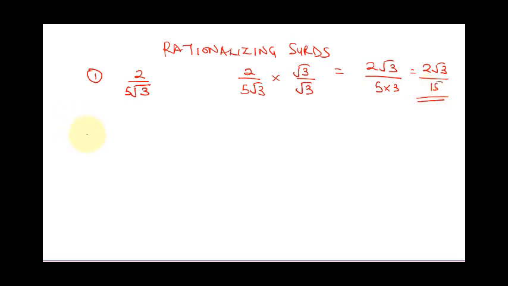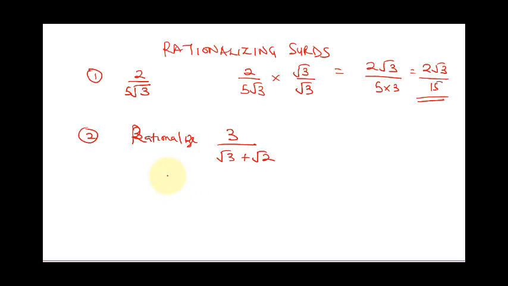Now the second question we are going to be solving is to rationalize 3 over root 3 plus root 2. When you have a question like this, you need to introduce the concept called conjugate.